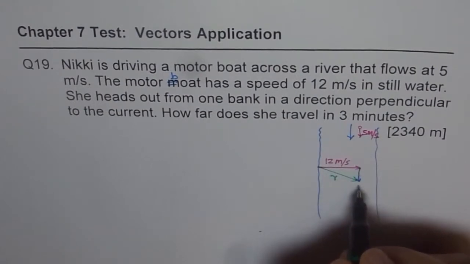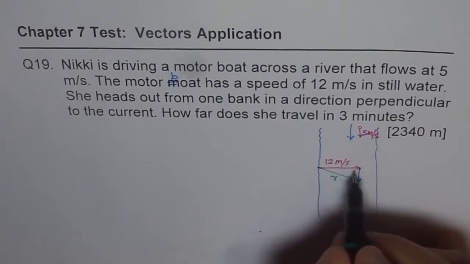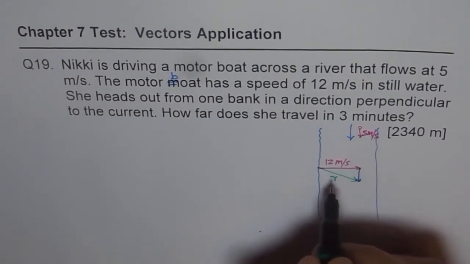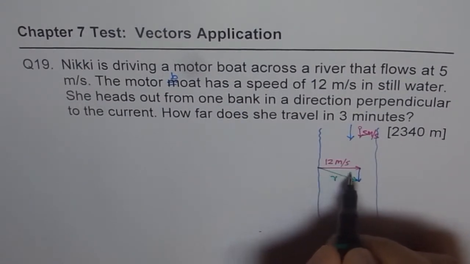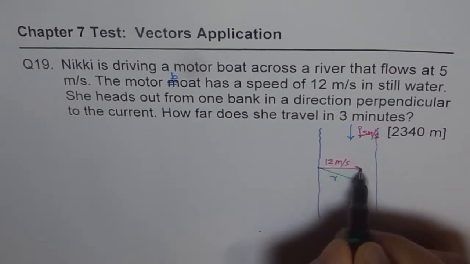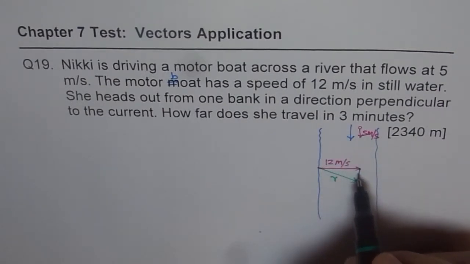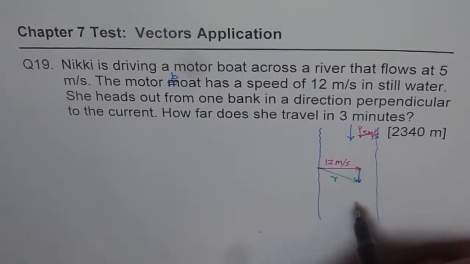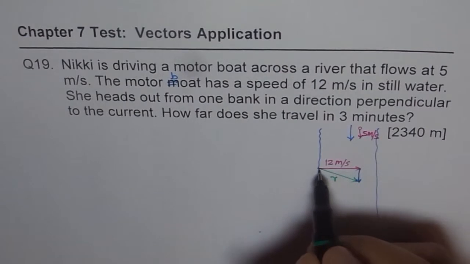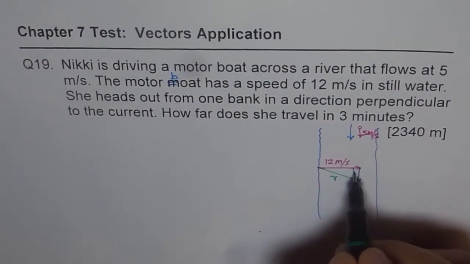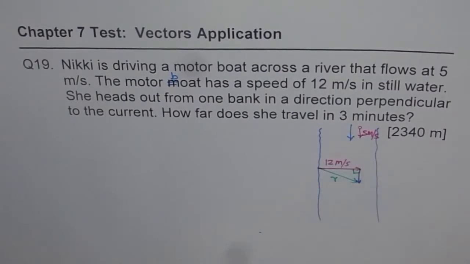So in whatever duration of time she is traveling, it is because of her speed in the horizontal direction plus the river speed in the vertical direction going downwards. Okay? Now since she is heading at 90 degrees, the angle between the two is 90 degrees.